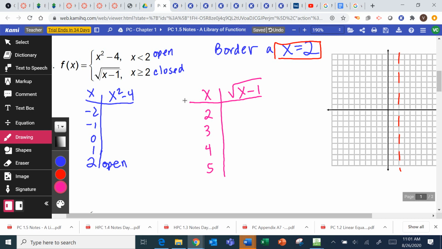You said exactly what I would have said, but then I would have thought about it a little bit longer because I'm the teacher. And I would say, do I really want to plug in 3 into that square root? Because if I do the square root of 3 minus 1, I'm getting the square root of 2, and I don't know how to graph that. So maybe we think a little bit harder about good values. Did you have some?